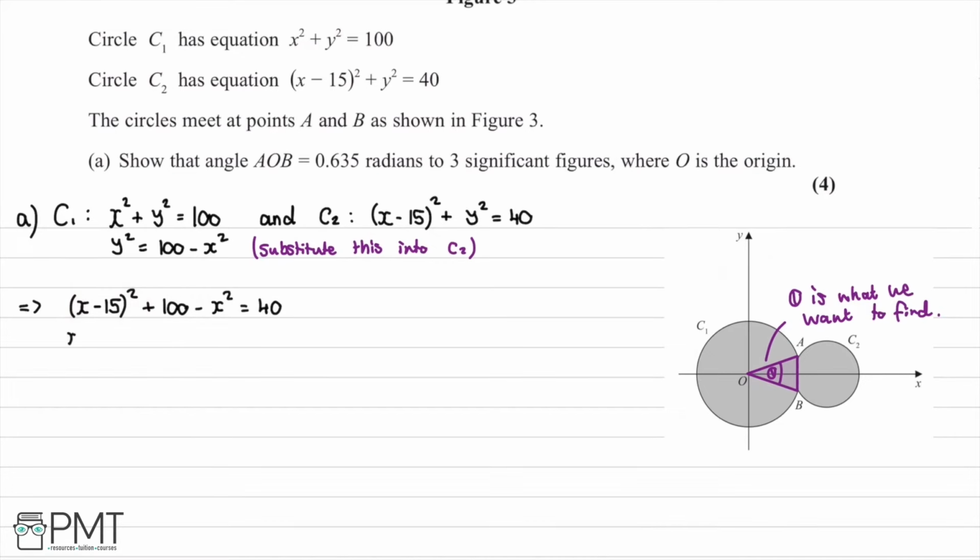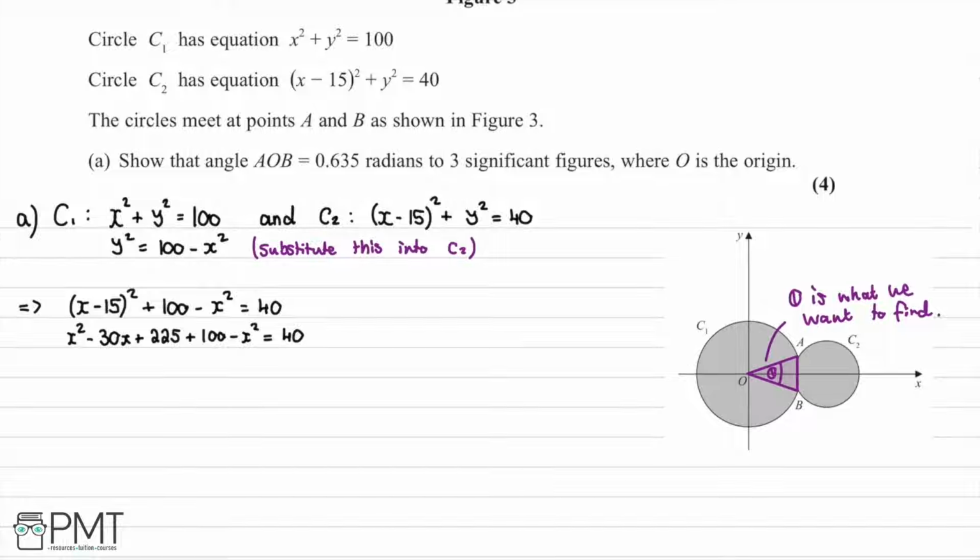So we'll have x squared, then minus 15x, which is minus 30x. Then we'll add on negative 15 times negative 15, which is going to be 225. Then we add 100, we subtract x squared, and that is still equal to 40.